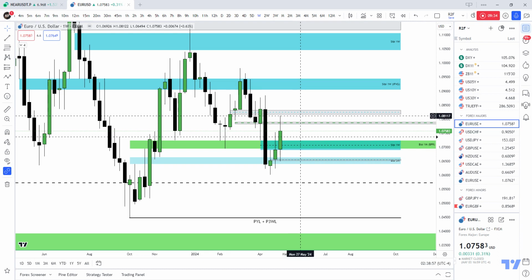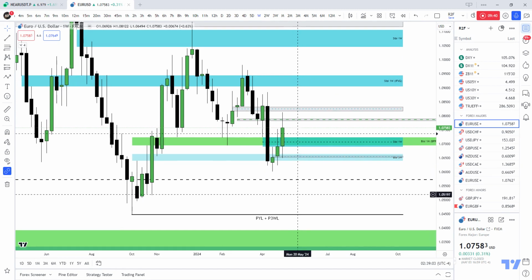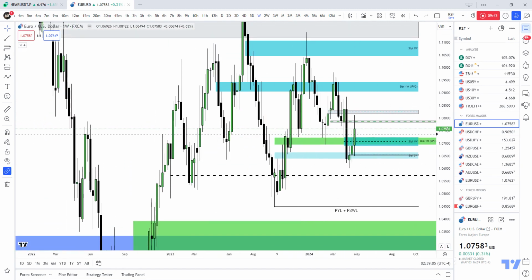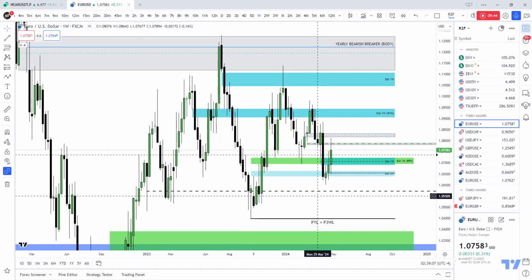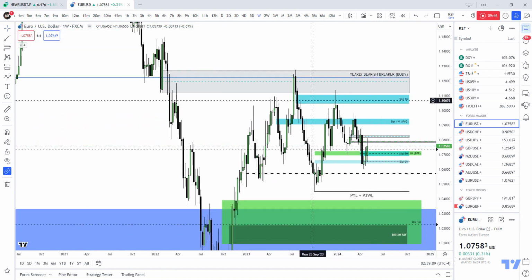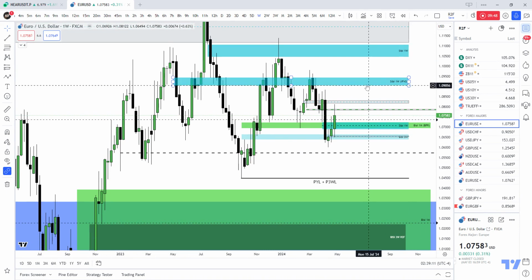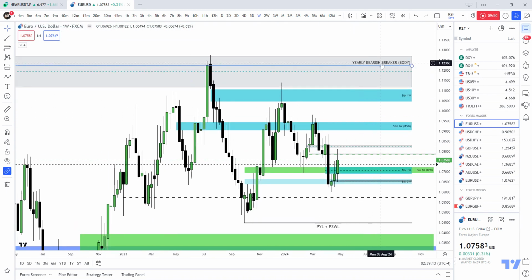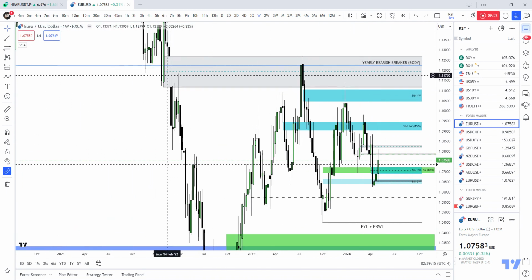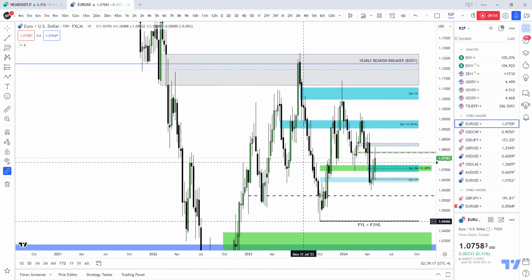Or it might not break the top, but it may come pretty high and then come lower. But I have a fairly strong bias that we're going to go lower, and we're not going to go higher into here, right? Came into this yearly bearish breaker, which is the body, and this huge volume imbalance here.